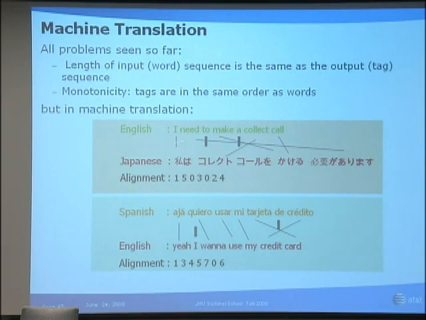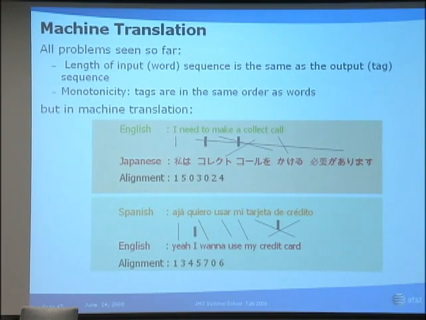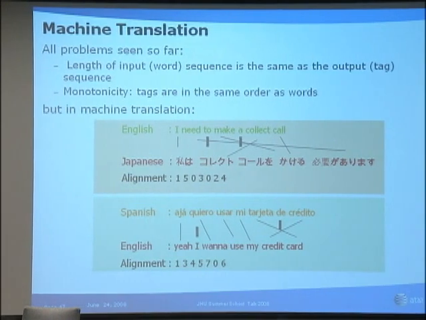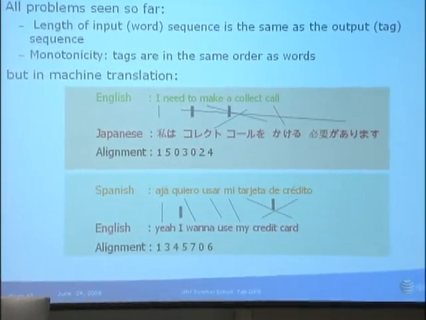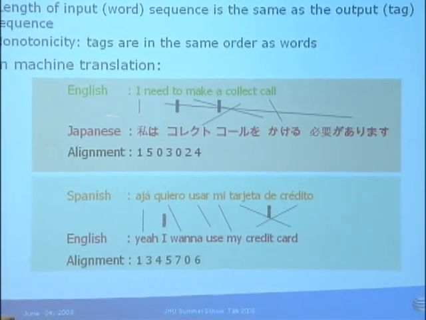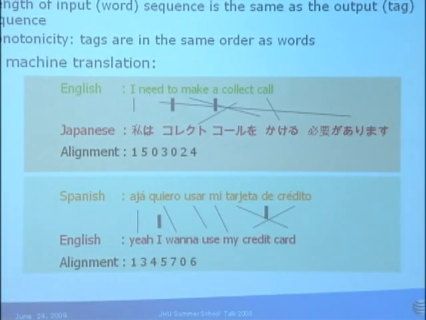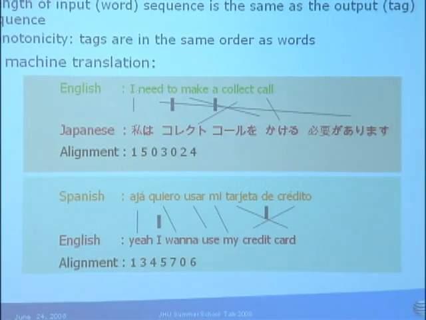Here's an example. I need to make a collect call, and does anybody speak Japanese here? And that's the Japanese, hopefully the right Japanese transcription here. Typically what is done is alignment. Alignment means you are assigning the Japanese word to the corresponding English word.